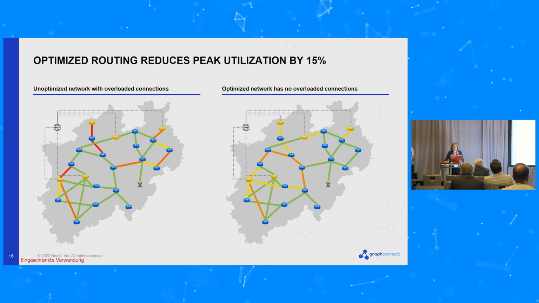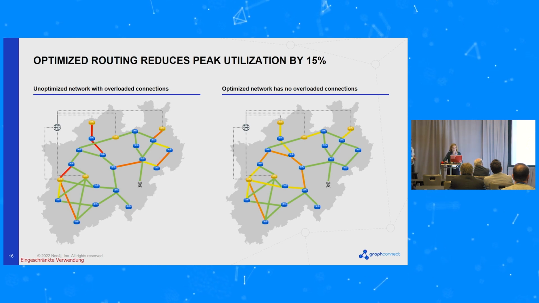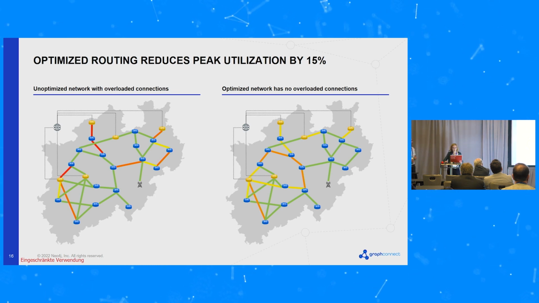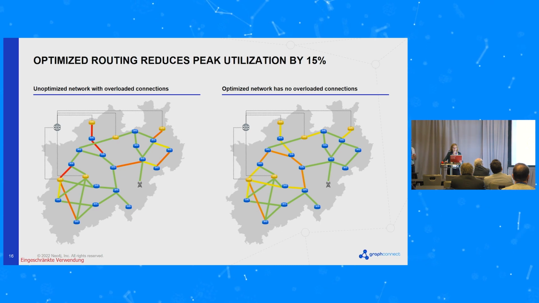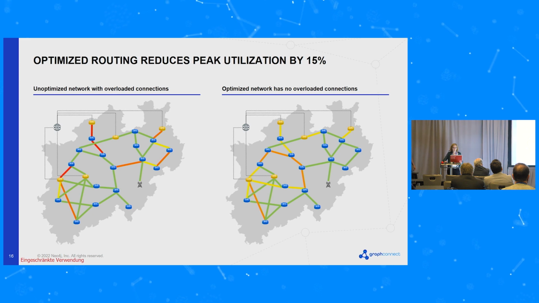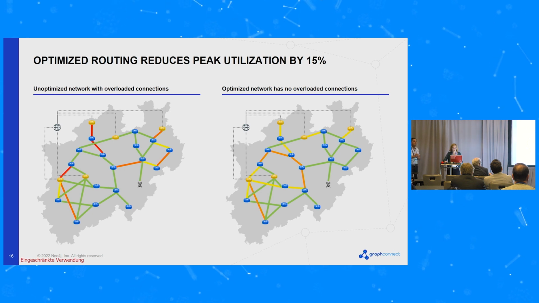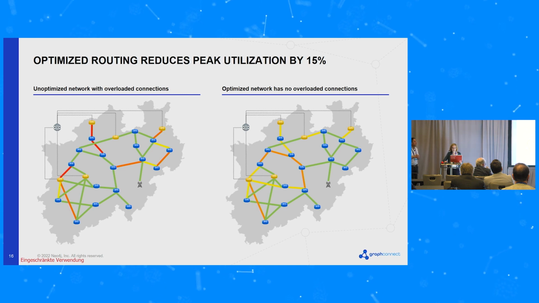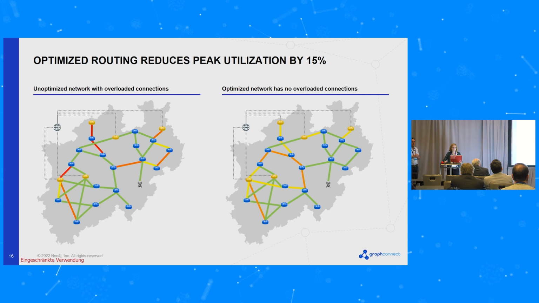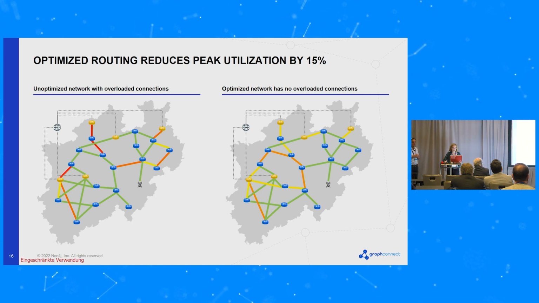Of course, in some parts the utilization gets higher, for example this one. If other paths are used, there will be some edges which have more utilization. But if you look at it, you can see that it's much more balanced than before.